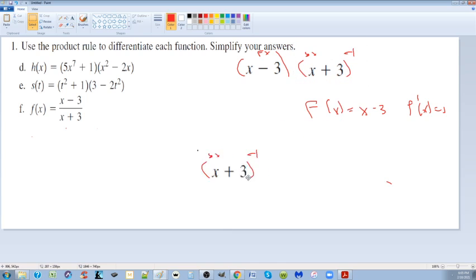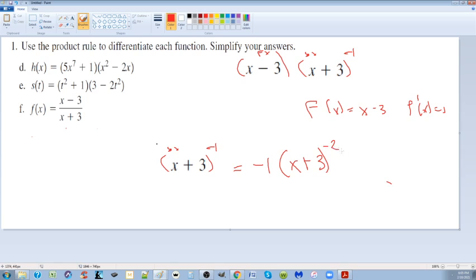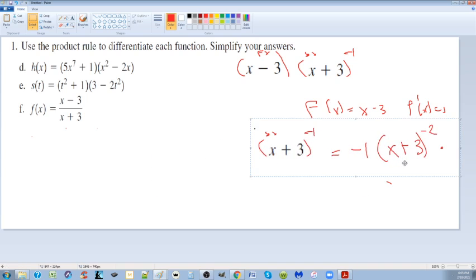The derivative of this one is the chain rule. So it's minus 1 times x plus 3 to the negative 2 times the derivative of the content, which is just 1. So g of x might be this over here, but the derivative is much more complicated.